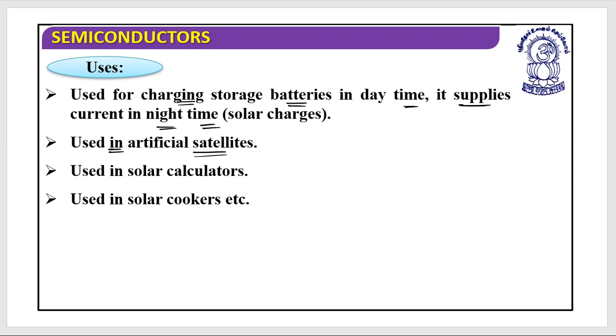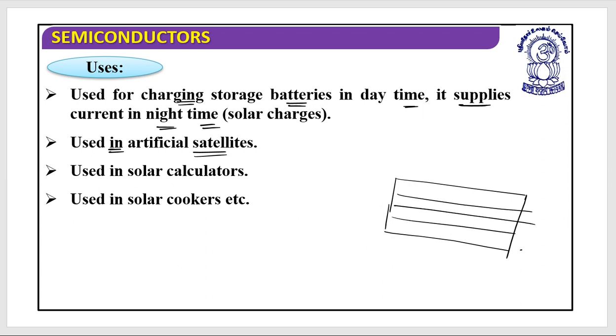It can be used in artificial satellites, where only solar cells are used as a power source. You may have seen these wings, which keep on rotating around their blades so that they can absorb the maximum amount of energy from the sun and produce the maximum amount of current, and feed it to the artificial satellites.